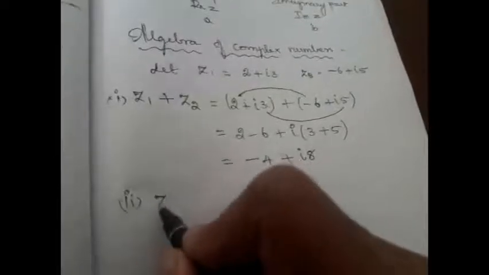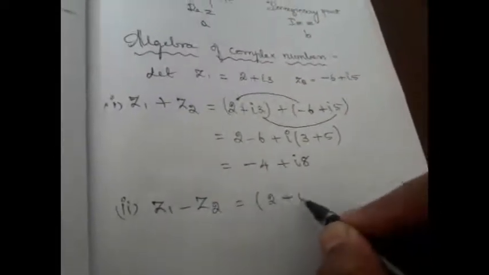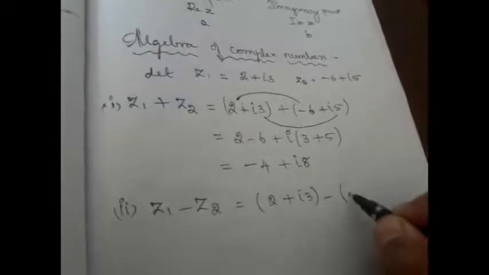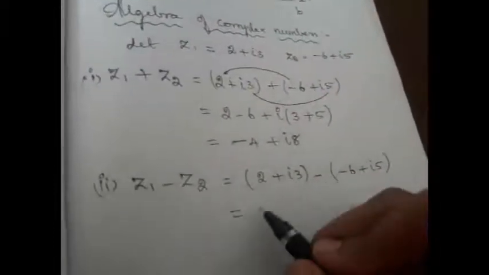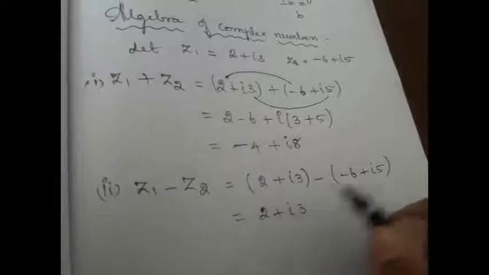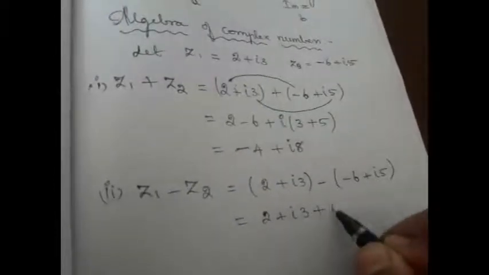Now let us see how we can subtract two complex numbers. Z1 minus Z2 equals Z1, which is 2 plus 3i, minus Z2, which is minus 6 plus 5i. To avoid confusion with the sign, first remove the bracket. Since it is plus, we have done it directly. If it is minus, first remove the brackets. 2 plus 3i, minus into minus becomes plus 6.